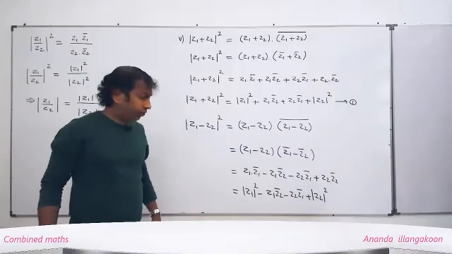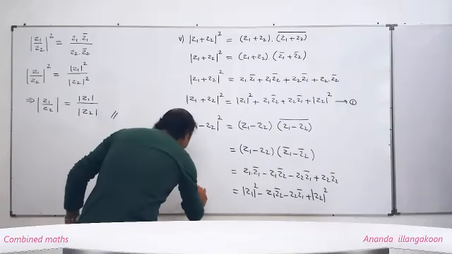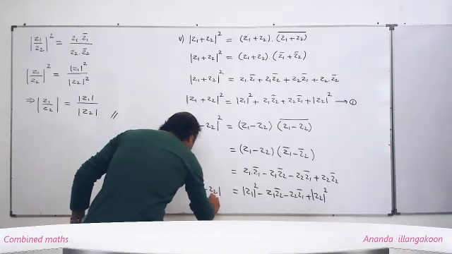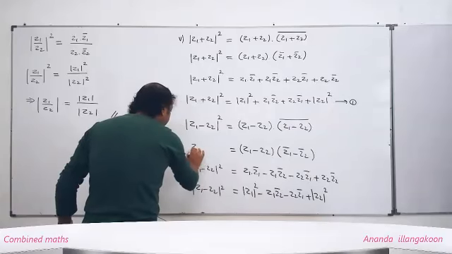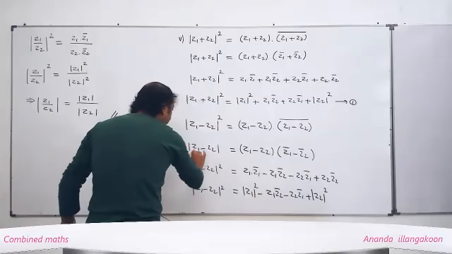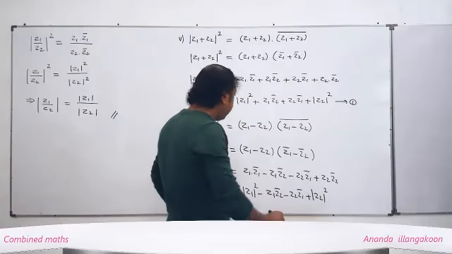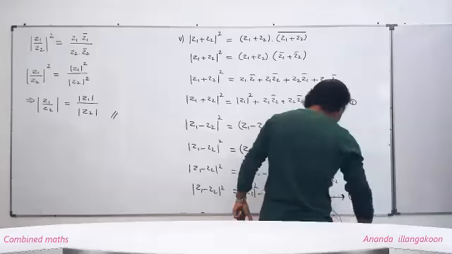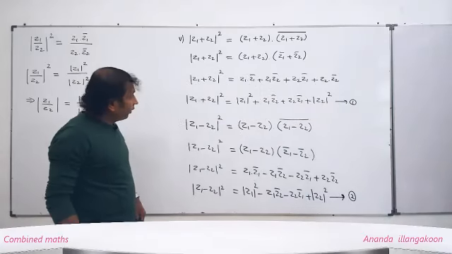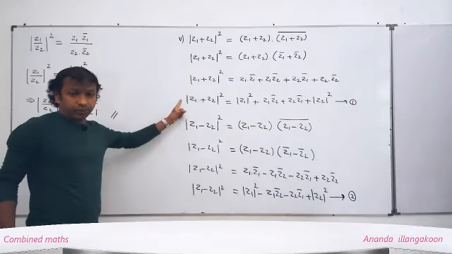Its modulus squared. This is number 2. Now add this 1 and 2.